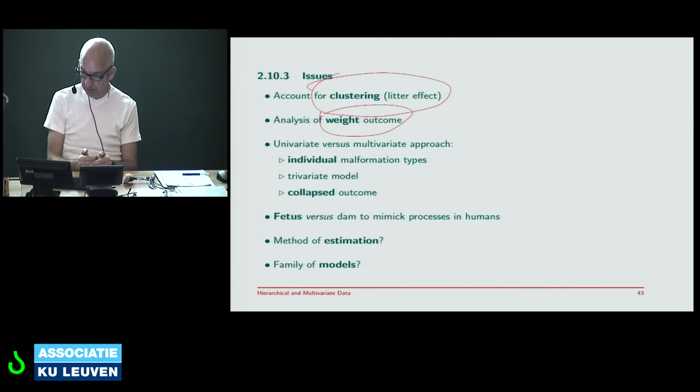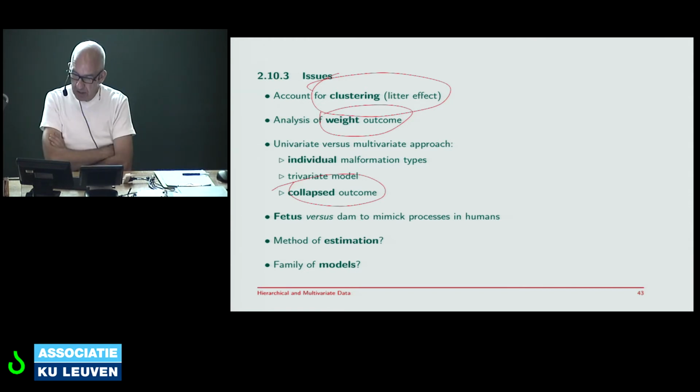So we have a multivariate hierarchical data problem. Or a collapsed outcome could sometimes be of interest, that is, either one or the other or the third or a combination thereof occurs. And then another problem that we will not address here is, okay, when we have now estimated our parameters, how should we now go from the animal model to the human model?